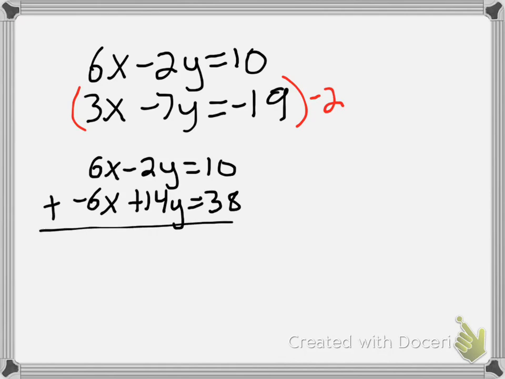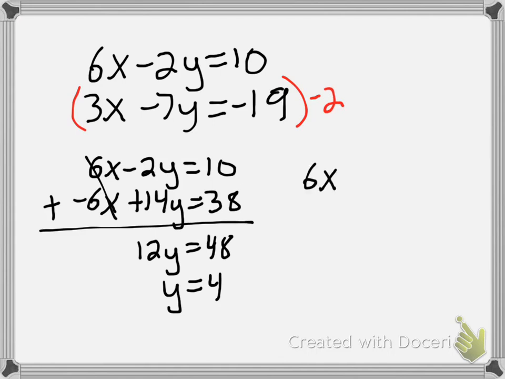So now if I add down, I get 12y is equal to 48, so my y value is equal to 4. And again, I just pick an equation, whichever one looks easier. The top one definitely looks easier to me. So 6x minus 2y equals 10. And in this one, I know that my y value is equal to 4.